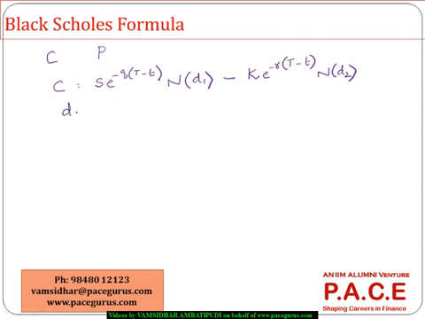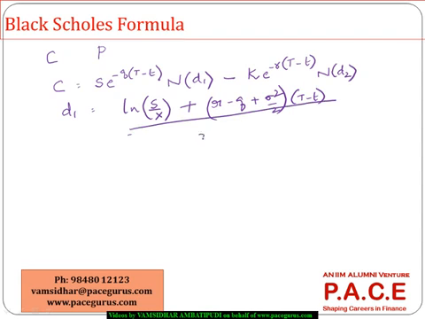Here I am talking about d1 and d2 as log(S/X). We are talking about a standard normal, since the logarithm of it follows a normal distribution. So that's where we take log(S/X) plus (r minus q plus sigma squared by 2) times (T minus t), divided by sigma root (T minus t).